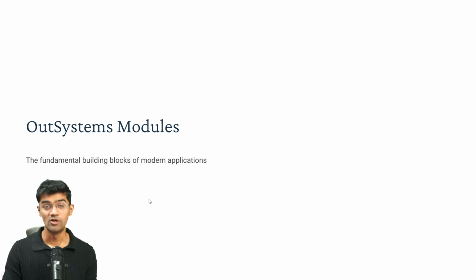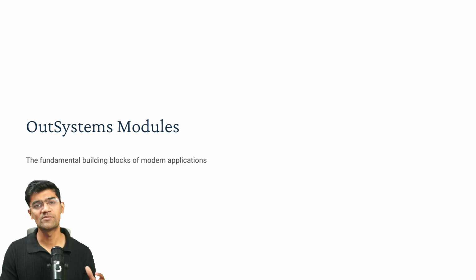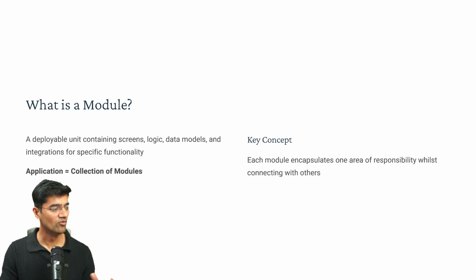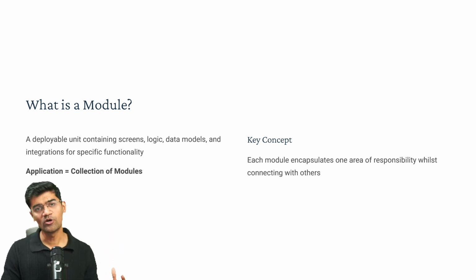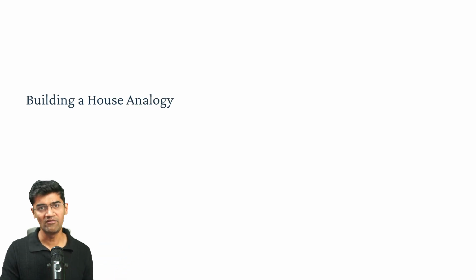So let's begin. A module in OutSystems is basically a fundamental building block of the application. We can simply say that one application is a collection of multiple modules, and each module encapsulates a responsibility while connecting with other modules. Let's take a building or house analogy.